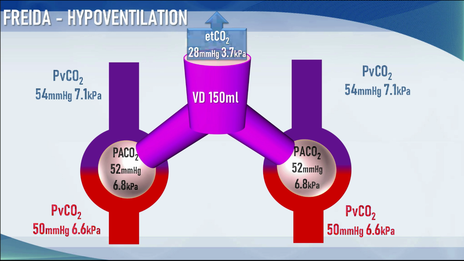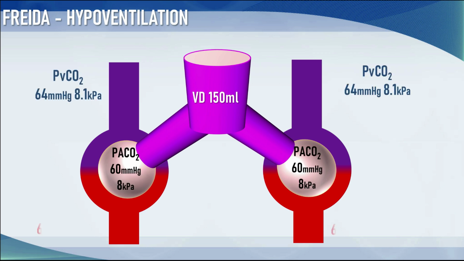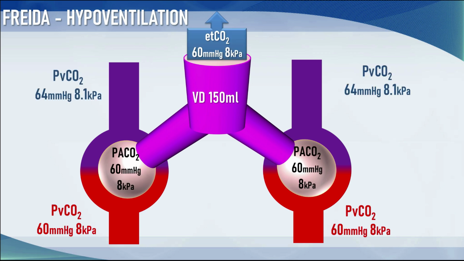And what usually happens in these patients is that eventually the gradient between the alveoli and the dead space and the airway equalizes, so that the end tidal CO2 again reflects the arterial CO2 level. And if that level stays the same, it is likely that alveolar ventilation is sufficient to reach steady state and the patient can continue to breathe spontaneously.